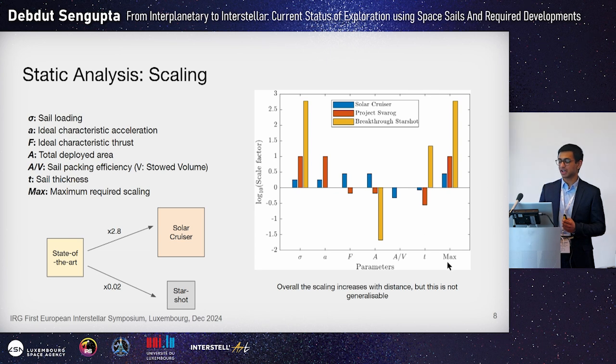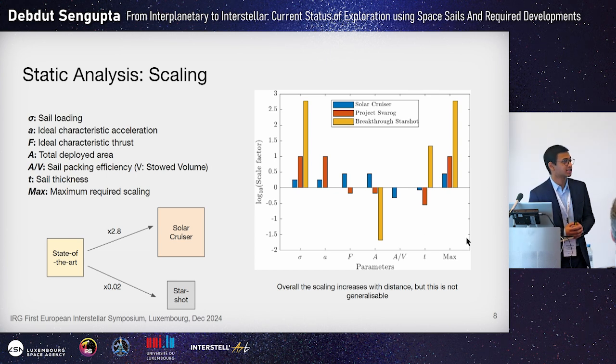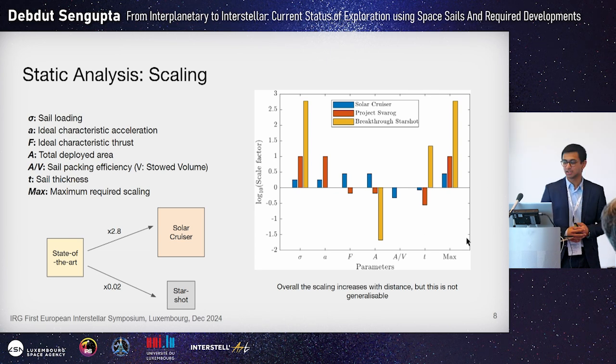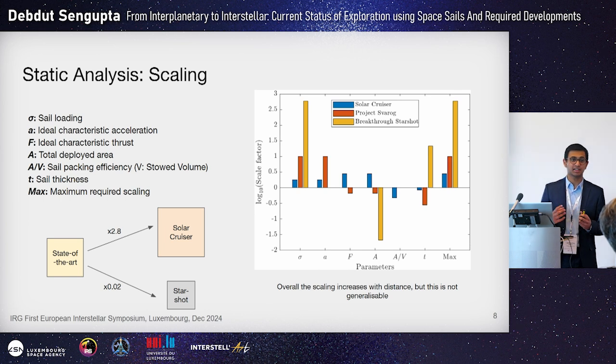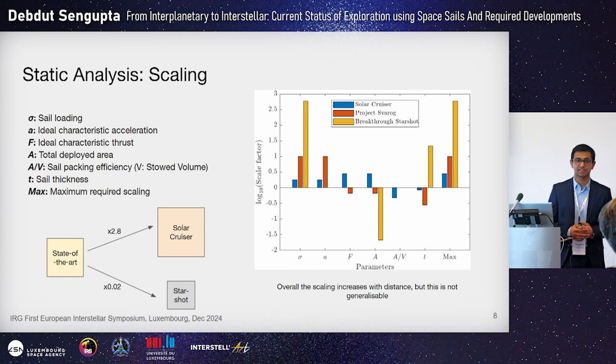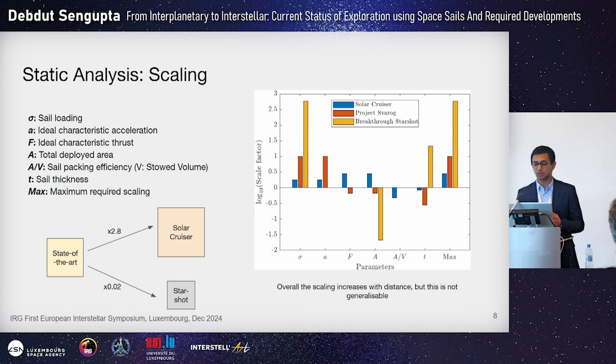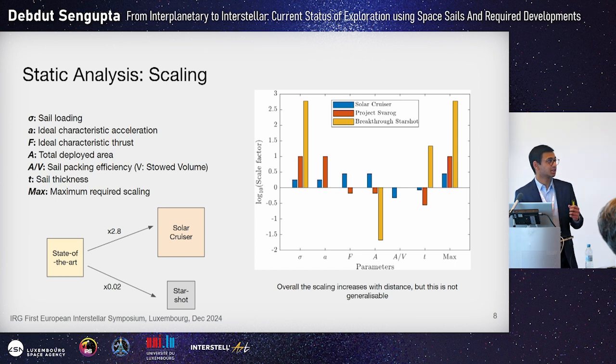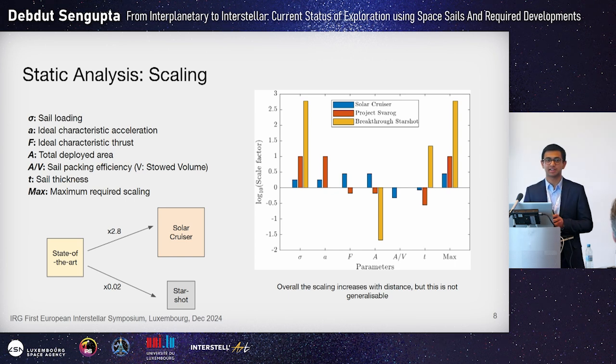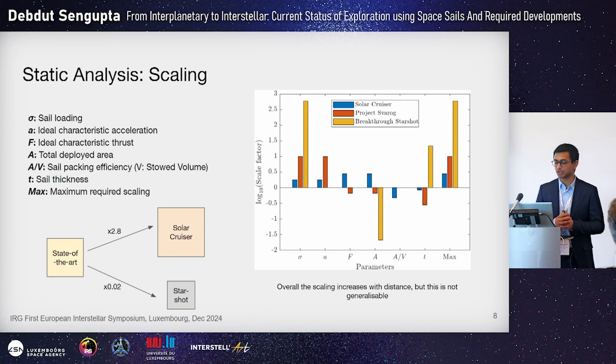If we look at the max column here to the right, we can see that the expected trend is that the scaling increases with the complexity of the mission. However, it does not increase linearly. And this is interesting because it says that we can reach very far and go to very interesting destinations without scaling an excessive amount.